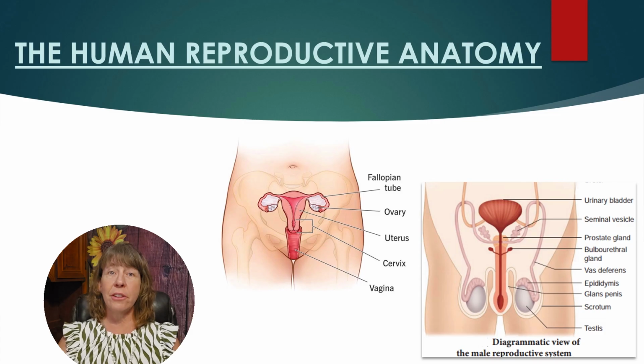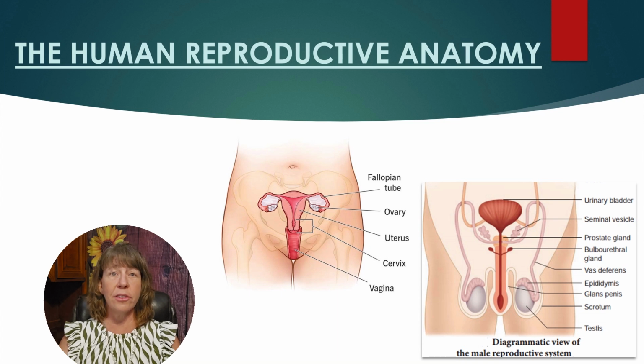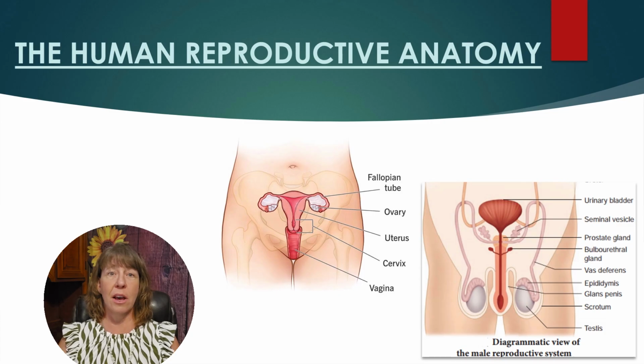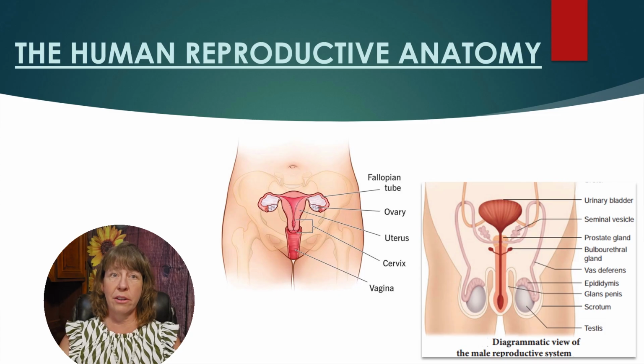The development of the reproductive anatomy is such that male and female reproductive structures are very similar in the beginning, up to about 7 weeks of gestation, and then the development starts diverging based on either the presence or absence of testosterone. In the presence of testosterone, the male structures develop. In the absence of testosterone, the female structures develop.